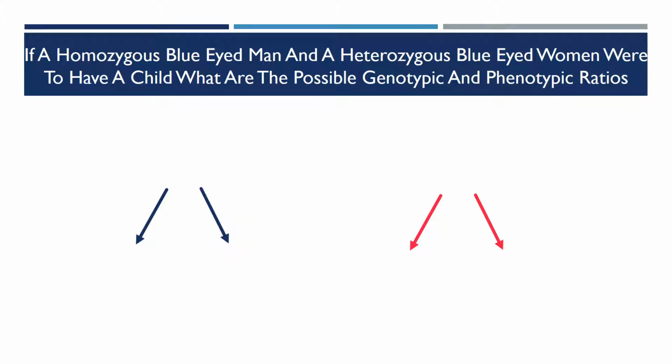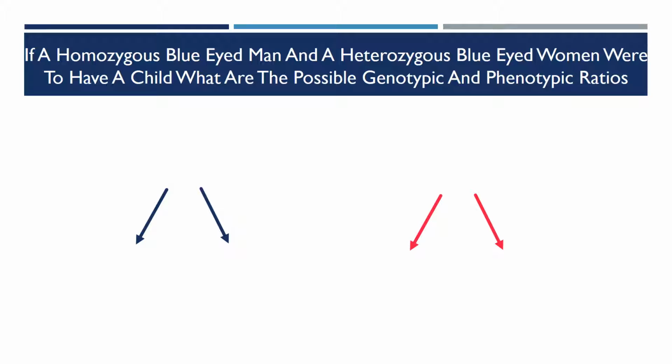So we're just going to work through this worded example. So if a homozygous blue-eyed man and a heterozygous blue-eyed woman were to have a child, what are the possible genotypic and phenotypic ratios? So genotypic means the alleles, so whether it's big B, little b, how many big B's, how many little b's, and the phenotypic is how many have blue eyes and how many might have a different coloured eye.